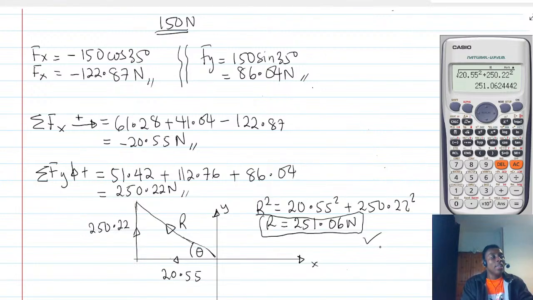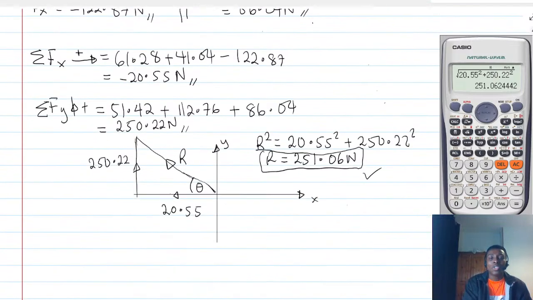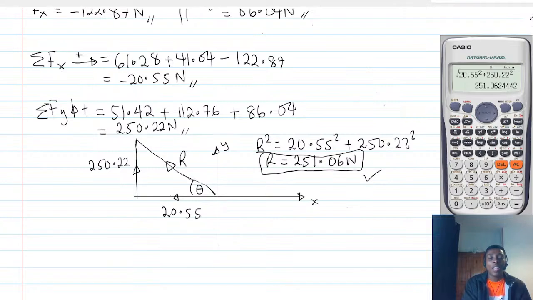So now, at this juncture, I want us to look for the angle. Okay, so let's look for theta. The Pythagoras theorem will give us the magnitude. And if I want theta, what do I do? I go back to my trigonometric ratios. Is that right?